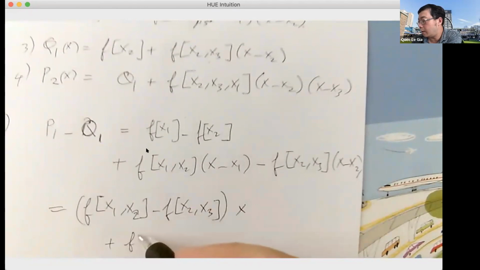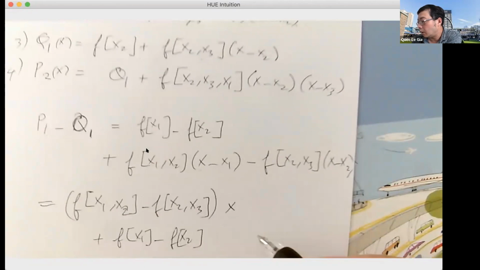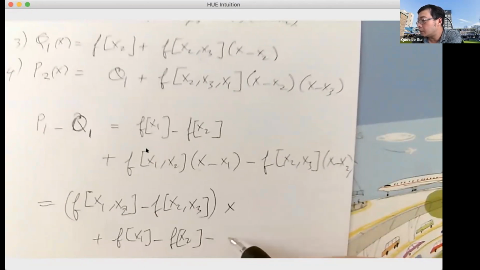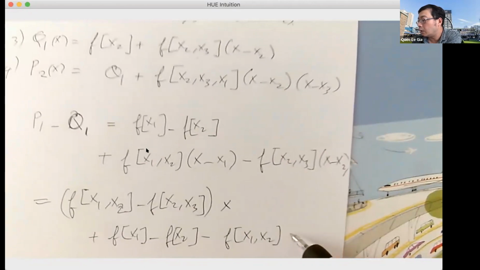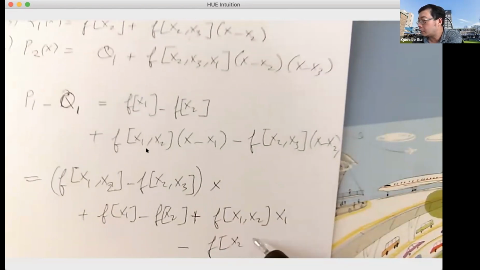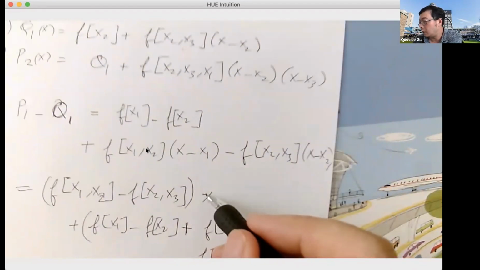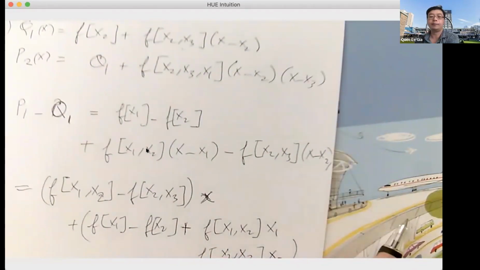The constant is just f(x1) minus f(x2) minus f[x1, x2] x1. No, I think this is a plus, minus f[x2, x3] x2. Okay, some constant. So this one is just some constant, and this one is the term x.